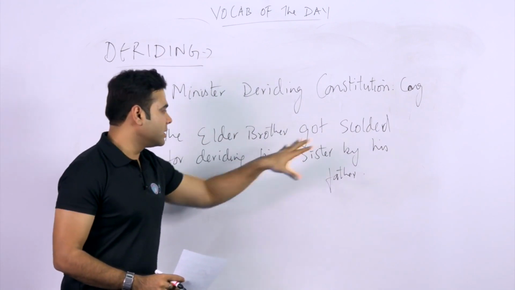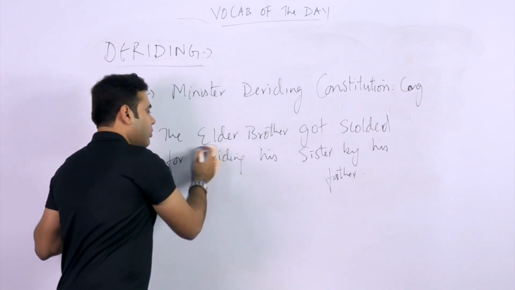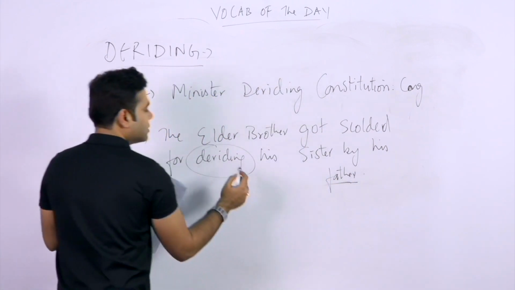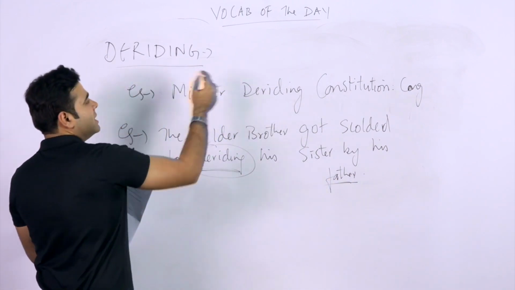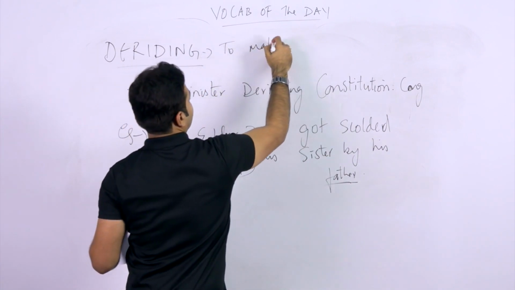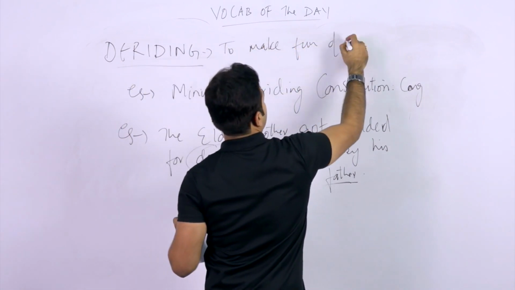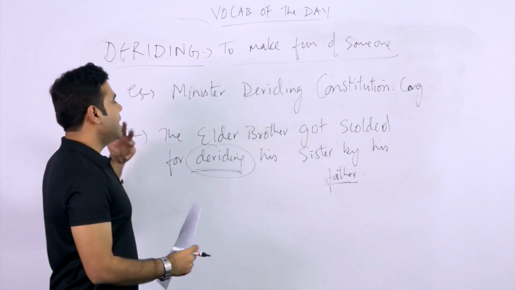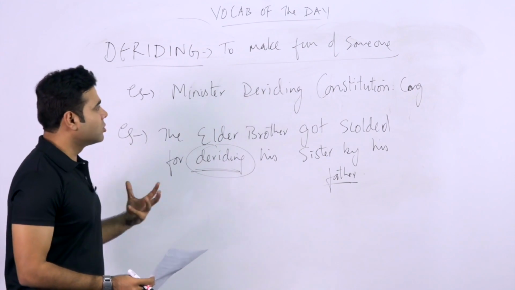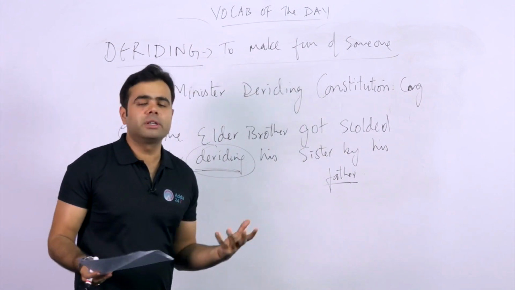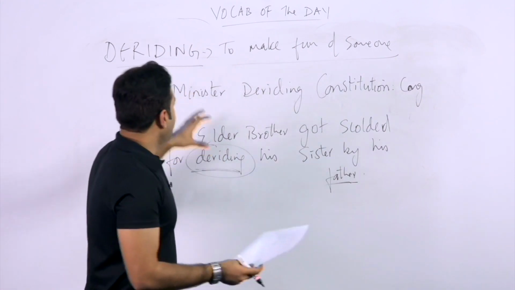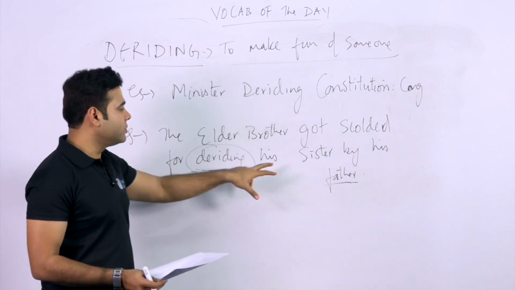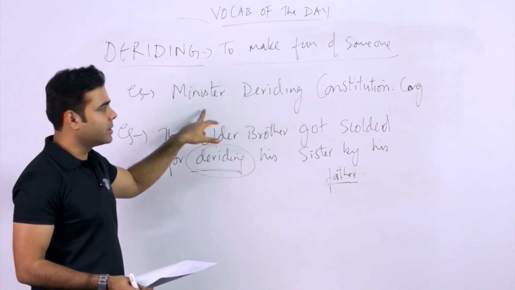The elder brother got scolded for deriding. Why was he scolded by his father? Because of deriding. Deriding means to make fun of someone, or to make faces, or to make different kinds of facial distortions, you can say. Fine. Deriding is a nice word. You can use it. This is the sentence which I have used, and the other was the sentence from the newspaper. You can connect it easily.